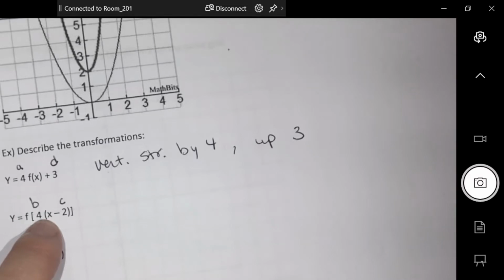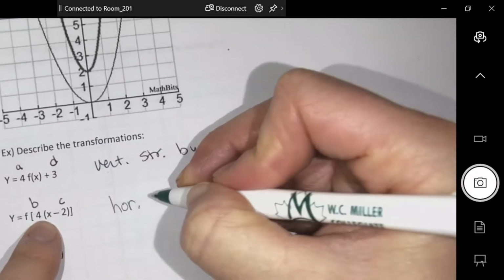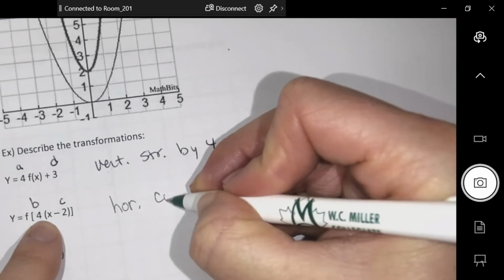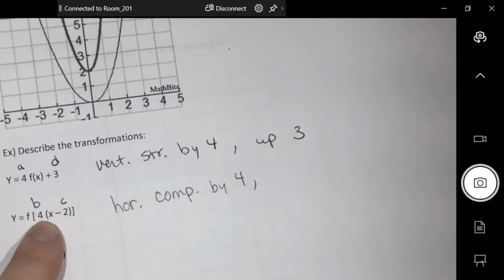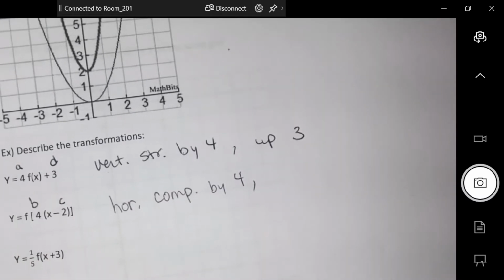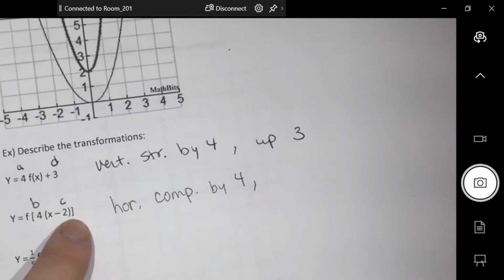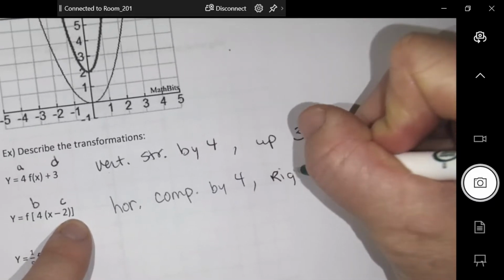So what's going to happen oppositely? You're going to do a horizontal compression by 4. Your accordion, you're going to squish it in 4 times. And then you're going to move which direction? Right 2.